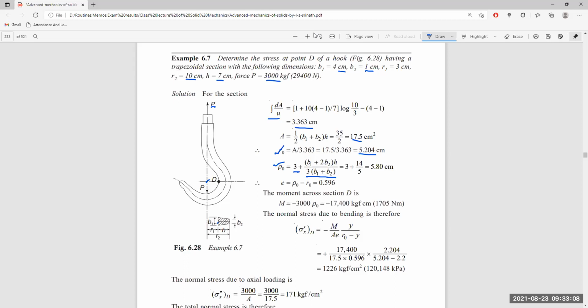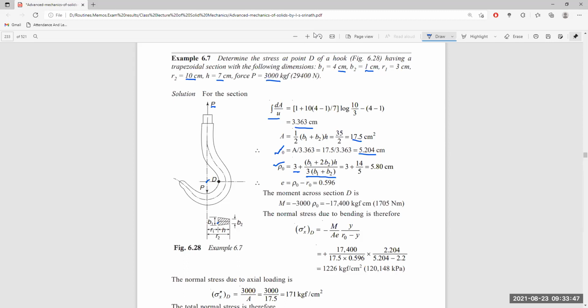Now we have to find out the moment across the section D, due to the effect of the external load P here. So the moment across the section will be the load multiplied by the distance of the center of gravity from the center of curvature, which is given as rho 0. So the external load is 3000 kg multiplied by rho 0, given as minus 17.4003 itself.